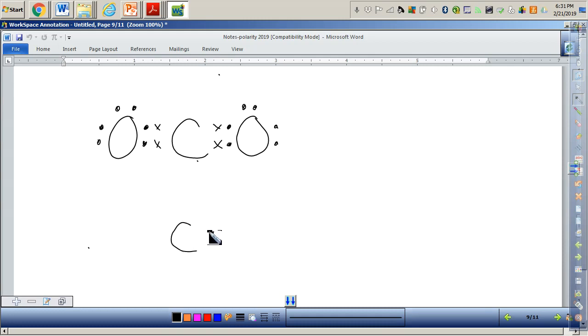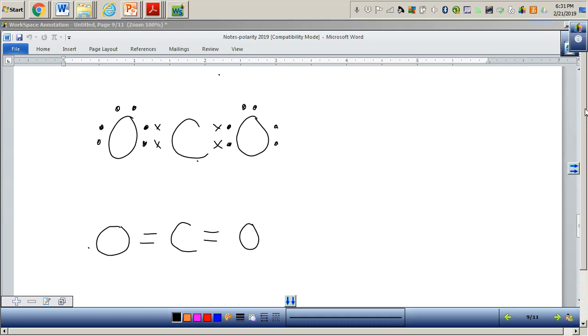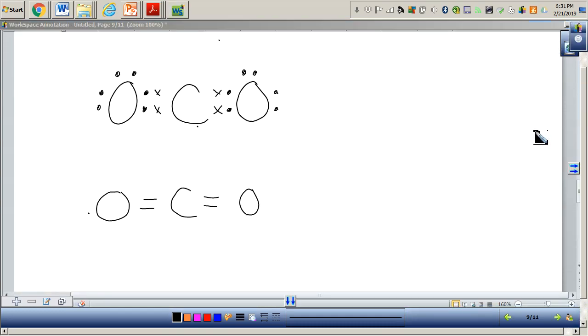All right, so once I have my structure drawn, the next thing I want to do is label my electronegativities. And when I have it drawn, I need to make sure that I have it drawn to its correct shape. CO2, I have 2 double bonds.